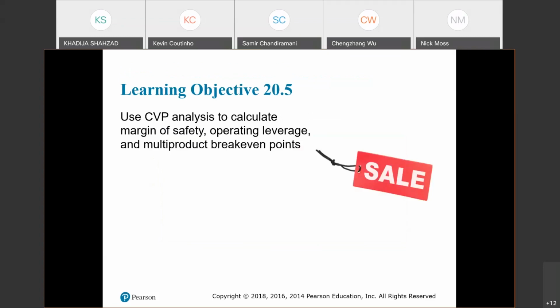Okay, the last goal of this chapter. Let's see how to use CVP analysis to calculate margin of safety, operating leverage, and multi-product break-even point.